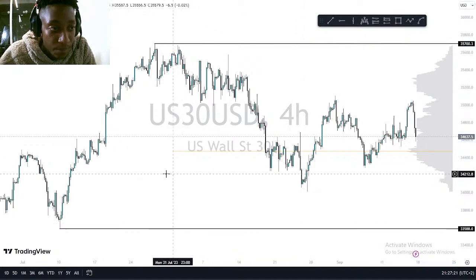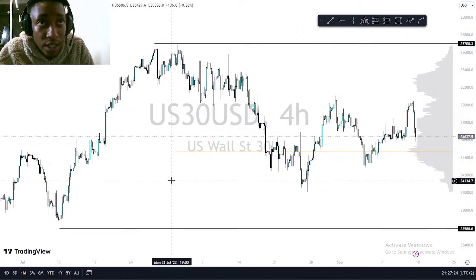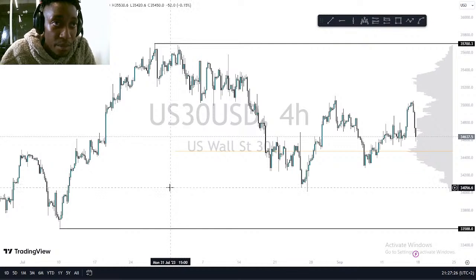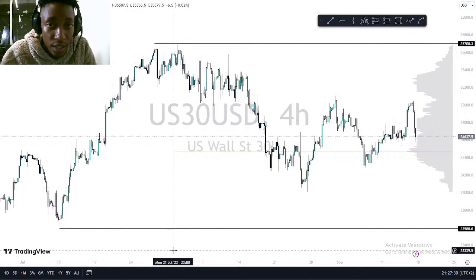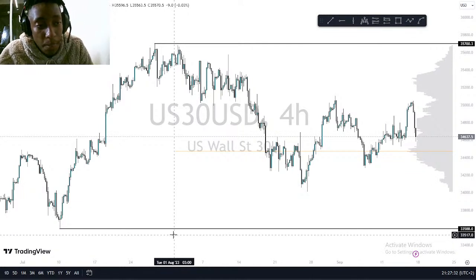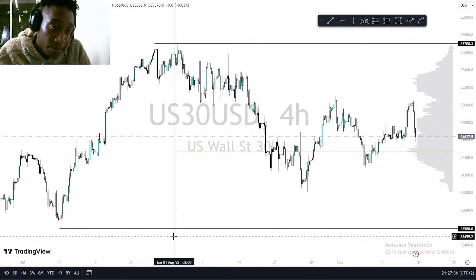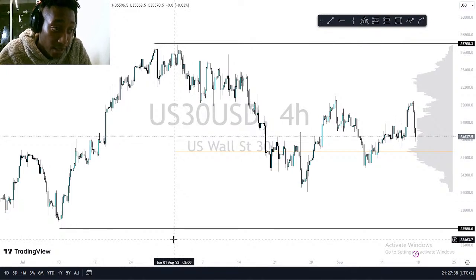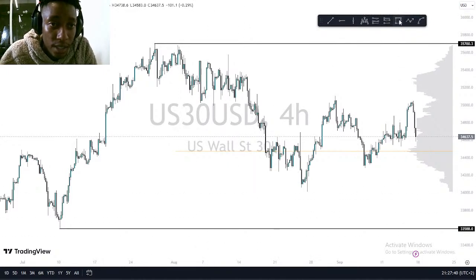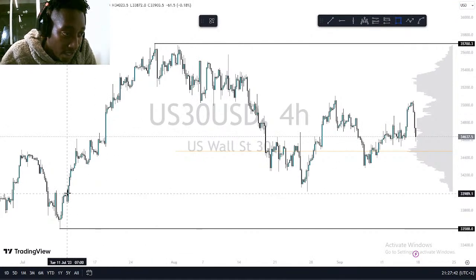Because remember, on a daily and weekly time frame, the market is bullish. USDT is very bullish. So at some point we are expecting buys. We can see that the market gave us a demand zone here.